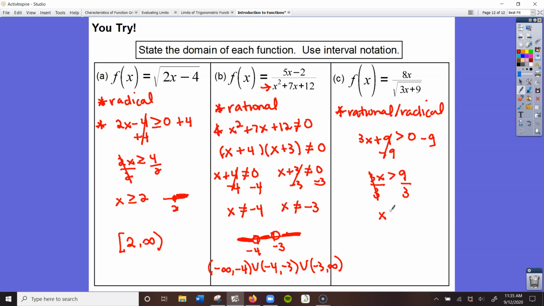And so x is greater than 3. You can put it on your number line. Remember, open circle because it is not included, and it is greater than. Therefore, the domain is parentheses 3 to infinity. And that's finding domain algebraically.